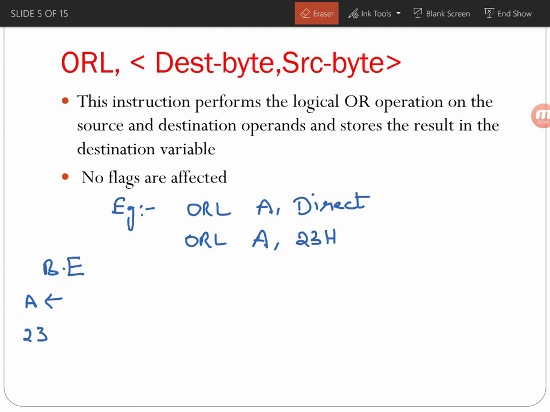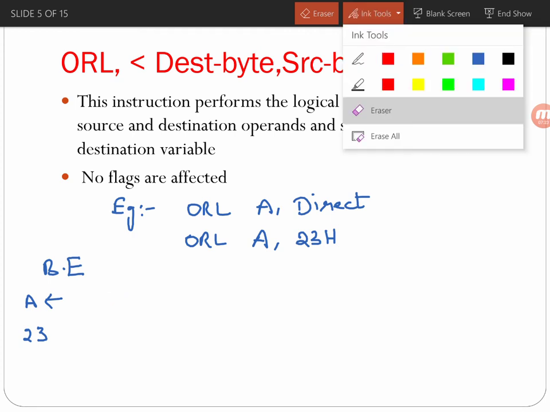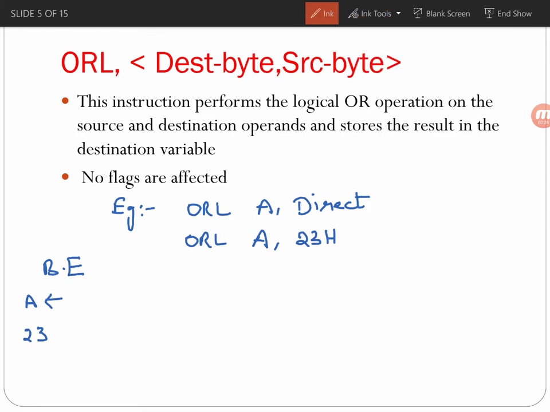Let A have 10H, and let the content of memory location 23 be 11H.